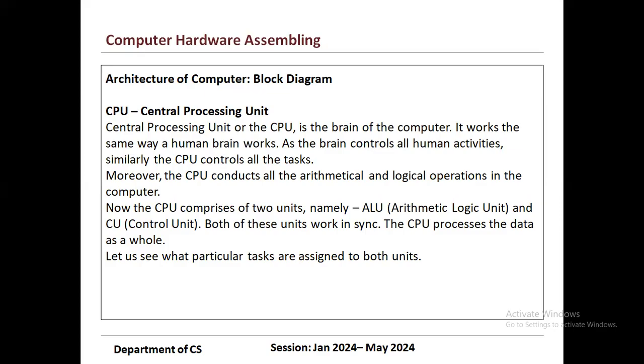Moreover, the CPU conducts all the arithmetic and logical operations in the computer. The CPU basically consists of two parts, namely arithmetic logical unit and control unit. Both of these units work in synchronization. The CPU processes the data as a whole.